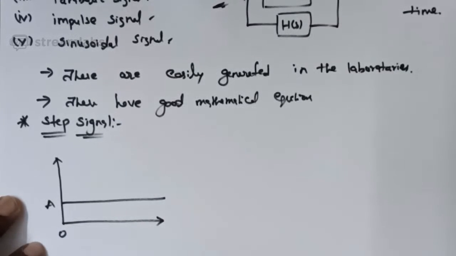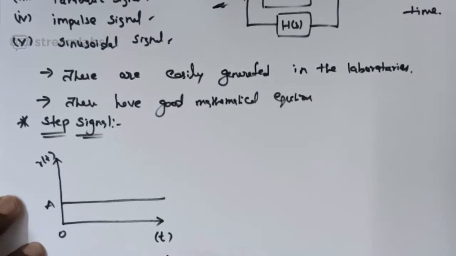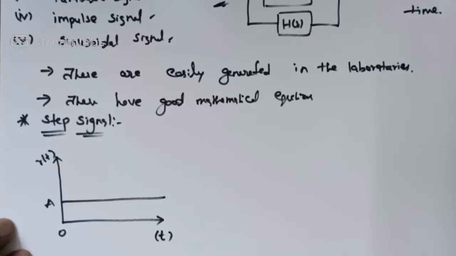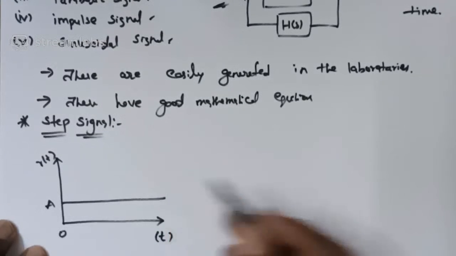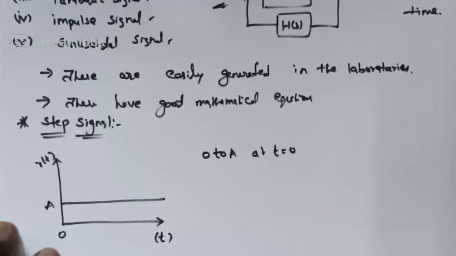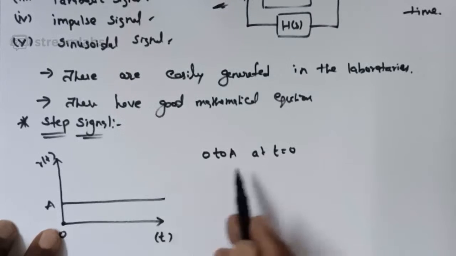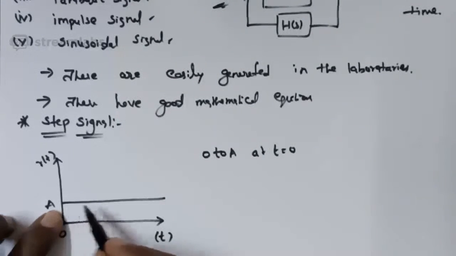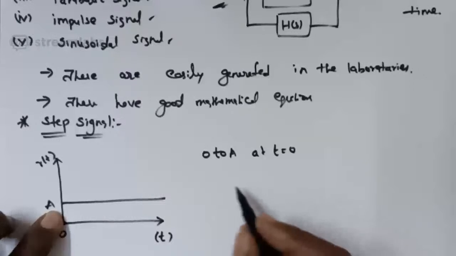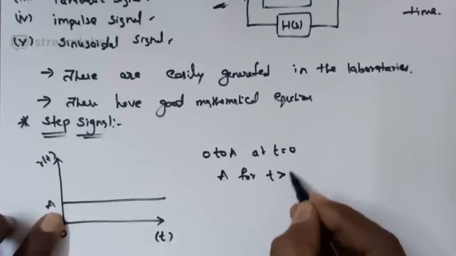R of t versus t. It changes from 0 to A when t is equal to 0, and remains constant at A for t greater than 0.